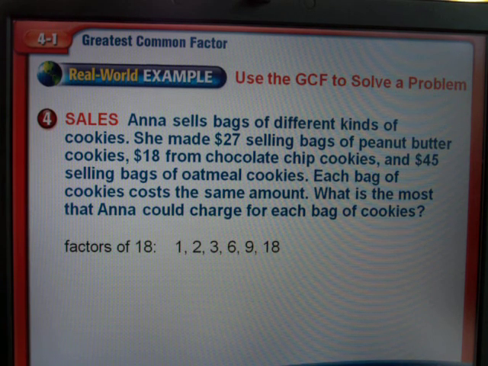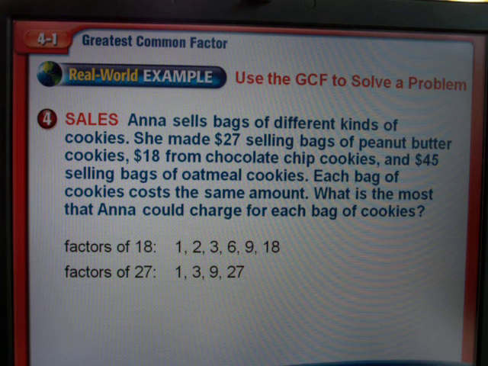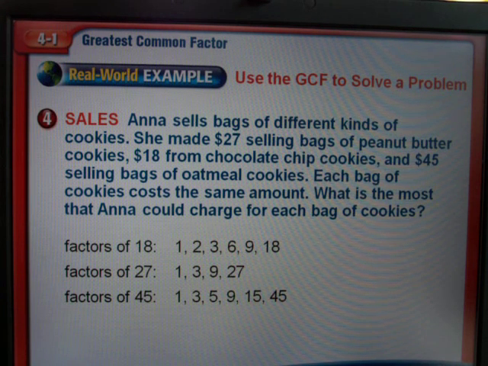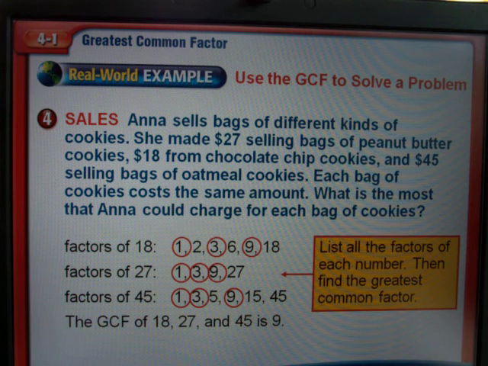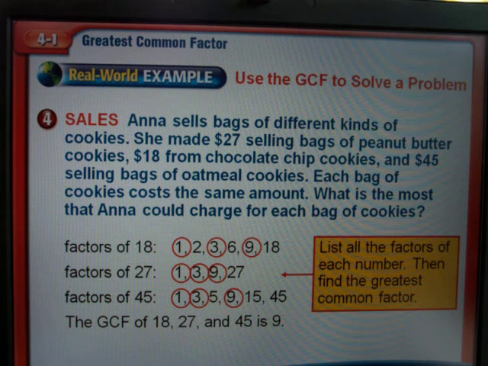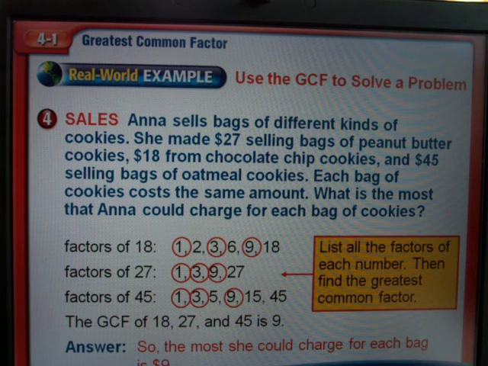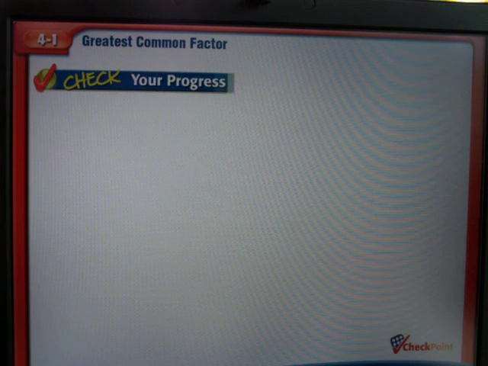So the list of factors of 18, the factors of 27, and the factors of 45. And then the largest number that you see there, 9, is the greatest common factor. So what she charged is $9 for a bag of cookies.